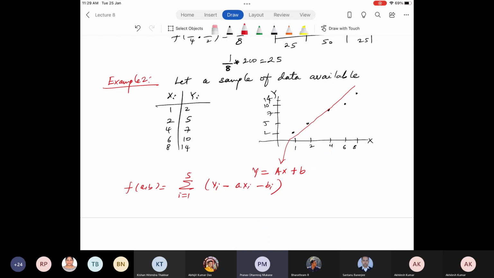So what kind of problem are we talking about here? The regression analysis. Linear regression. Yes, yi minus axi minus b whole square. We are looking at the total sum of squared errors, right? So we want to minimize the sum of squared errors.